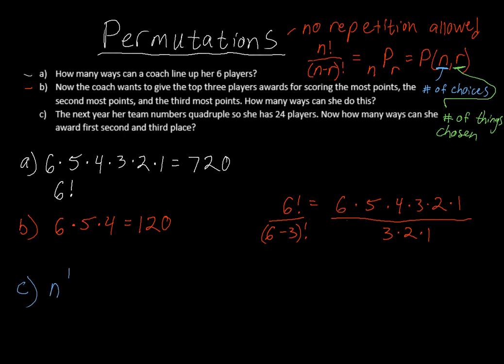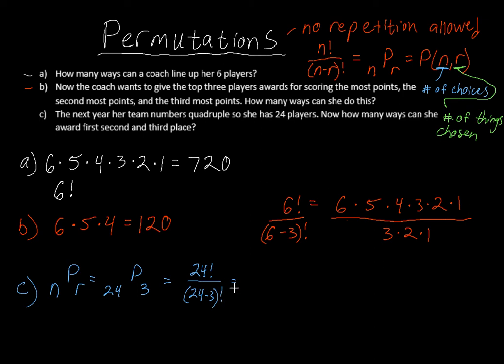So nPr, we have 24 things to choose from, and we're only picking 3 of them. Plugging into the formula gives us 24 factorial divided by (24 minus 3) factorial.